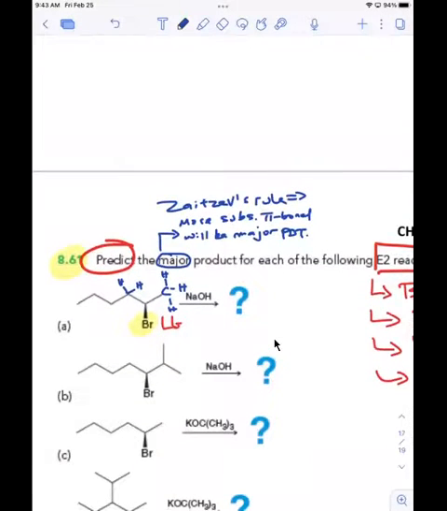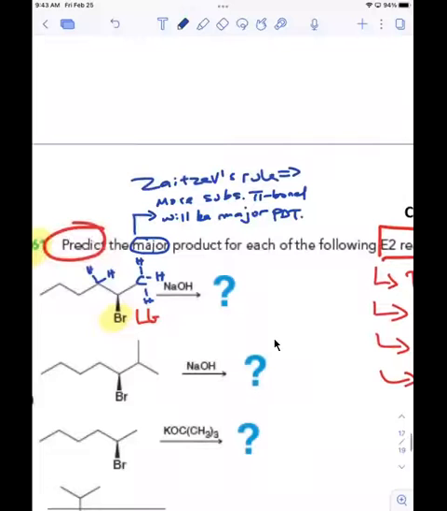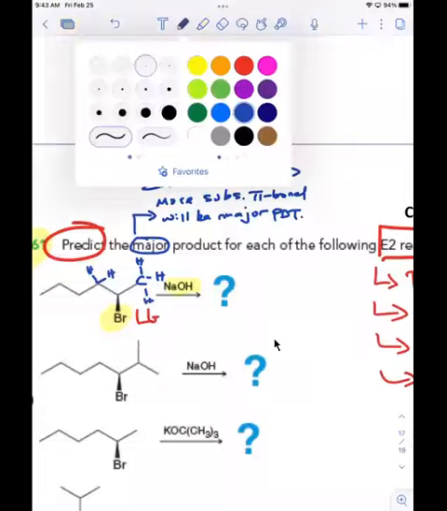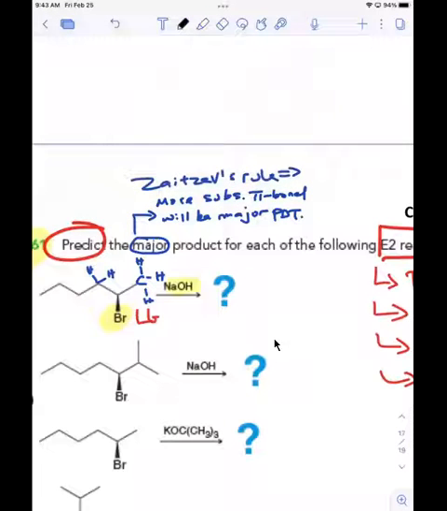So for this substrate, I'm just going to write out the two products so we can get a feel for this problem, and then we're going to go through and do the other ones. Notice my base is sodium hydroxide. And then for these two products, I'm going to have this as one of them. And then my other product is going to look like this.